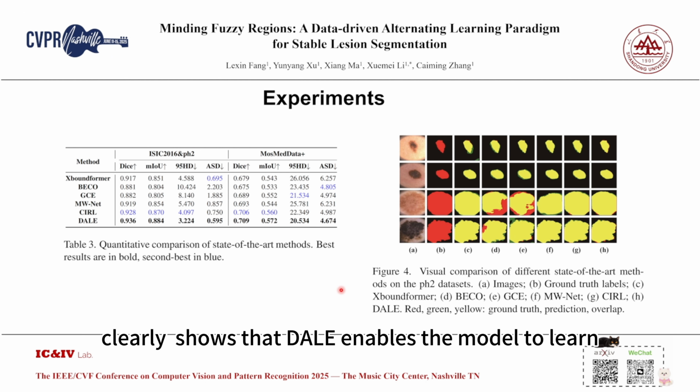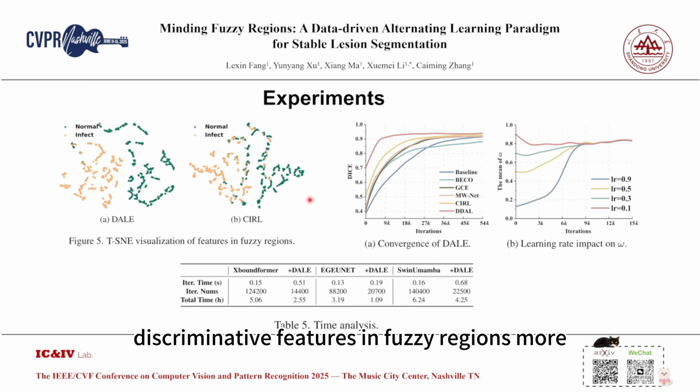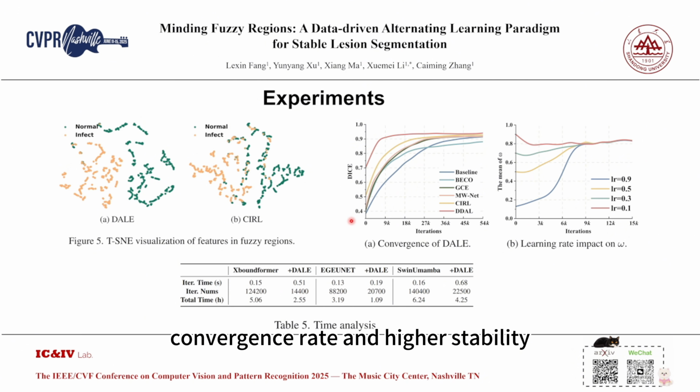Figure 5 clearly shows that DALE enables the model to learn discriminative features in fuzzy regions more effectively than CIRL. Figure 8 shows that DALE achieves a faster convergence rate and higher stability.